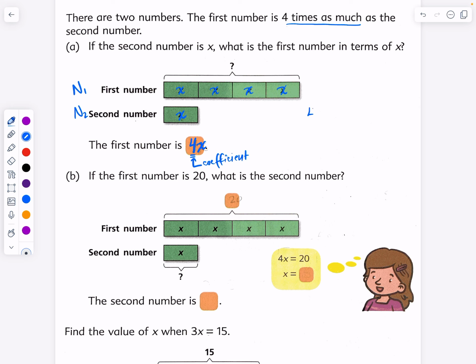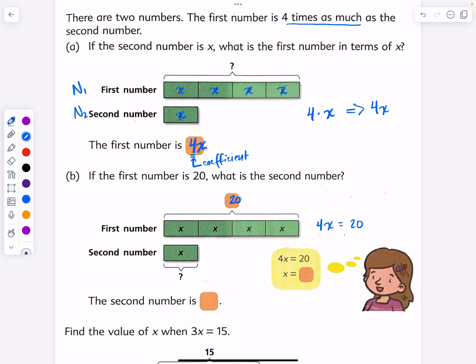We can write 4 times x, but in algebra, we drop the dot and we just say 4x, but it means the same thing. So, if the larger number is 20, what is the second number? Well, let's translate our English into algebra. 4x is 20.